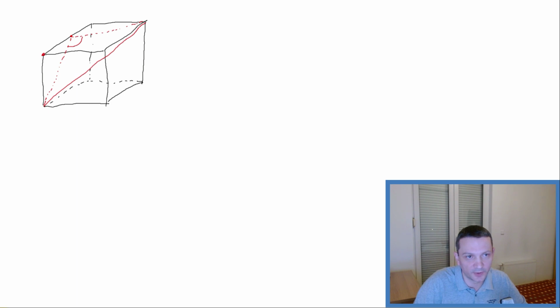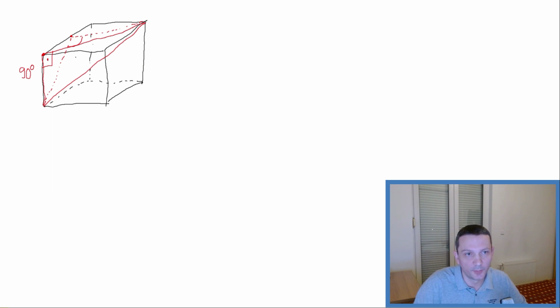So if we take one vertex of the cube, for example, like this, then if we join here and here, it's actually obvious that this will be the right angle, that we have two perpendicular lines here. So this is the right angle, or 90 degrees.